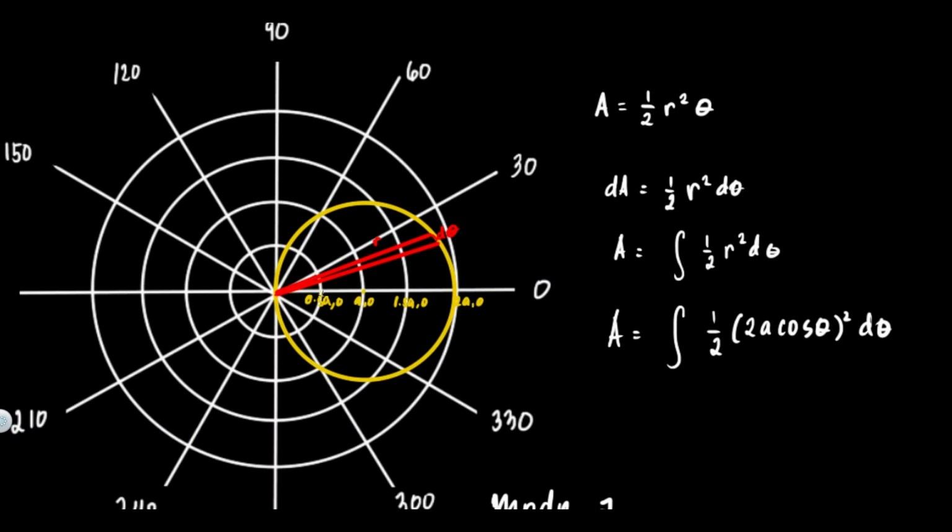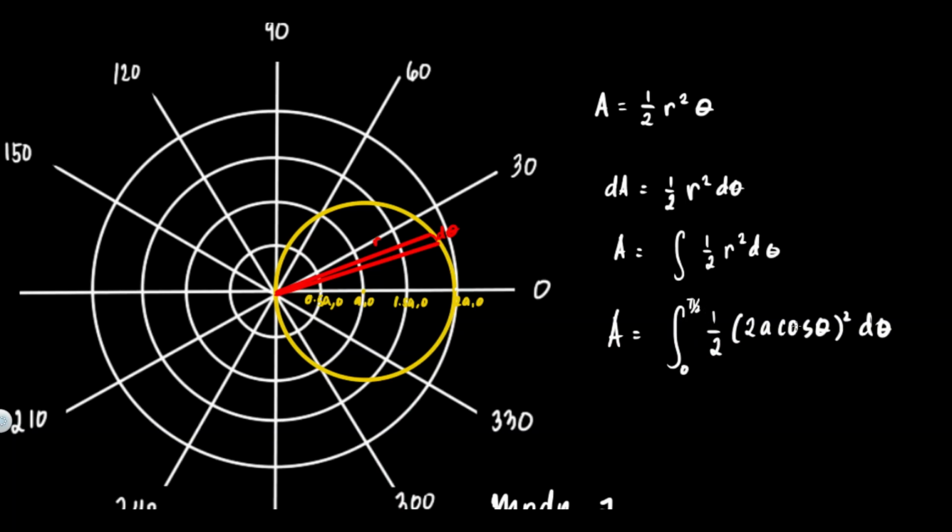Para makuha natin yung area ng ating circle, what if ganito ang gawin natin? Kunin lang natin yung area ng semicircle. So, limits will be from 0 to 90 degrees, papunta ng 90 degrees or pi over 2. 0 to pi over 2.